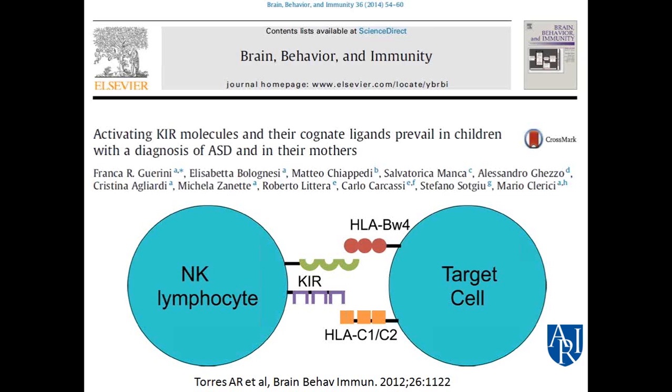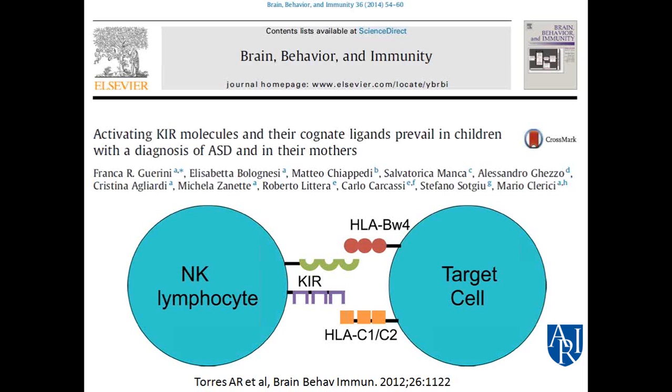So this is very exciting. It was first reported by Torres et al. and confirmed by Guarini. And the interesting thing here is that Guarini's group found that this problem is present both in the children with autism as well as their mothers.